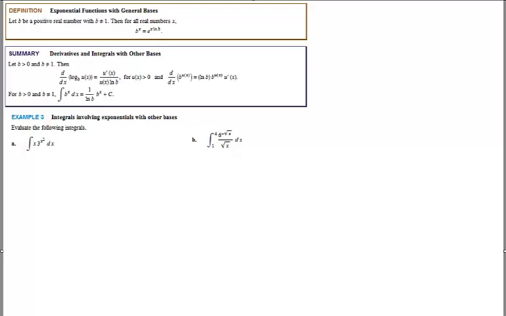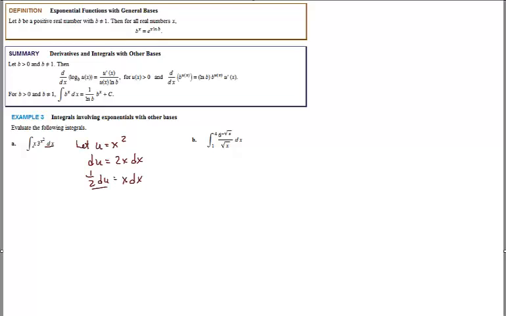If I look at a, I will probably use substitution again, and I will let u equal x squared. So if u is x squared, du is 2x dx, and then that gives me 1/2 du equals x dx. So I'll be substituting for x dx.